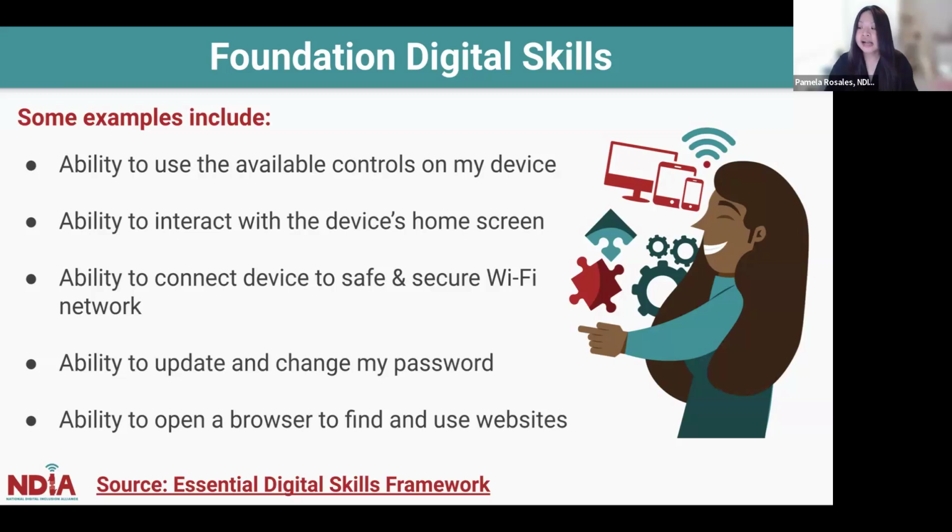How do you turn it off? And also things like how to update your password, and how to use a browser and make sure that you are finding websites safely, and you're not just going on your inbox and clicking the links in your spam folder. Having the skills to know that that's not going to be the safest thing for your device and also the best use of your time.